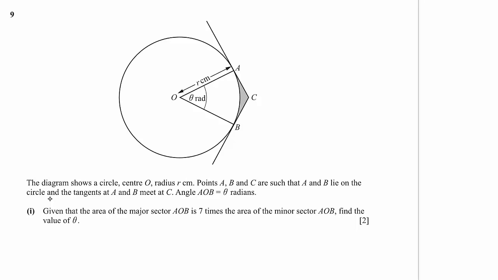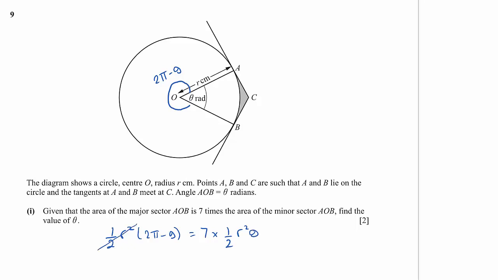So if that's theta, then this angle is 2 pi take away theta. The area of that major sector will be a half r squared times the angle, which is 2 pi take away theta. And that's going to be 7 times the area of the minor sector, which is a half r squared theta.